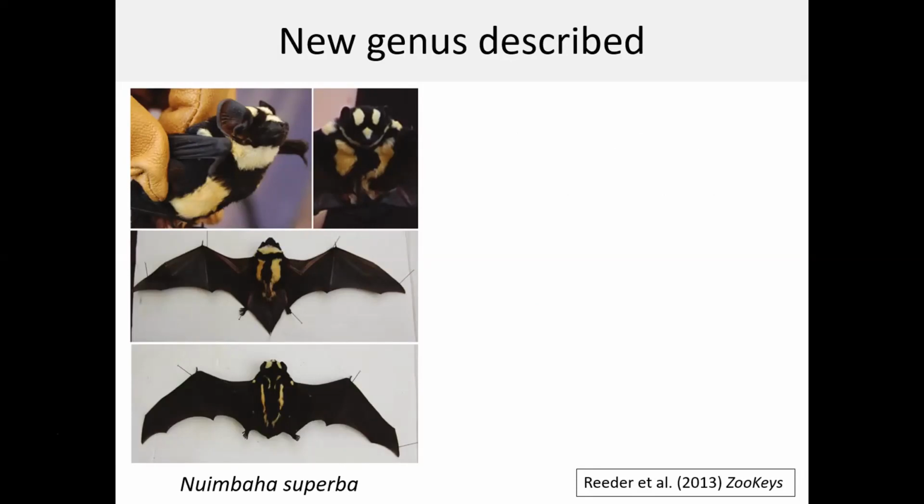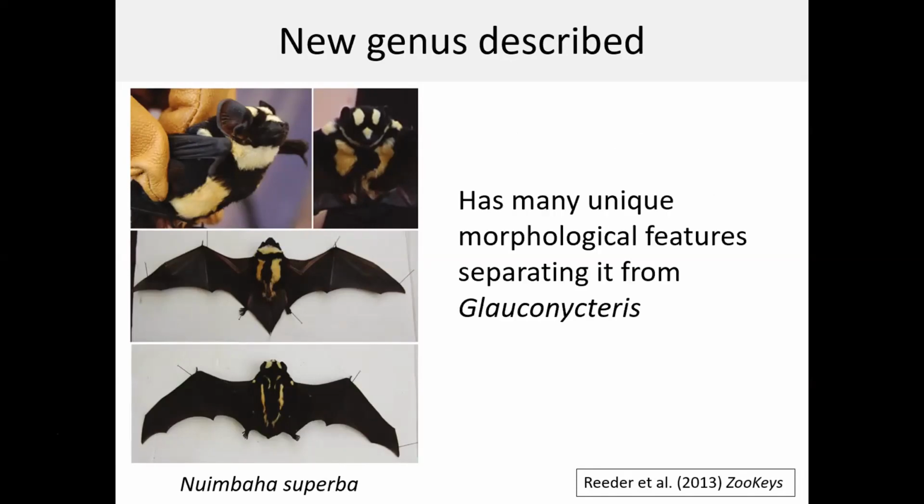Through very careful morphological analysis, they came to the conclusion that this species is distinct from other species of Glauconycterus, and it's distinct enough that it should be placed in its own genus, Nyumbaha, that they coined. But this was based purely on morphological characters, no genetics at all.